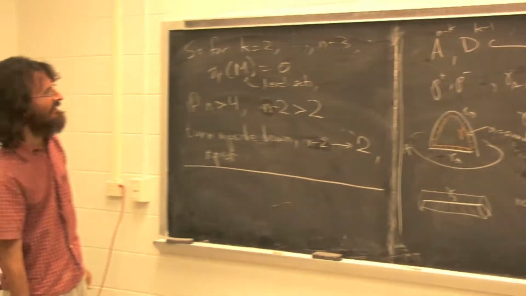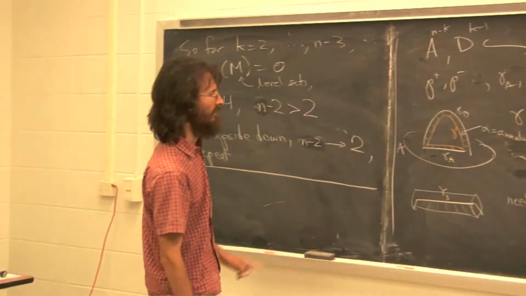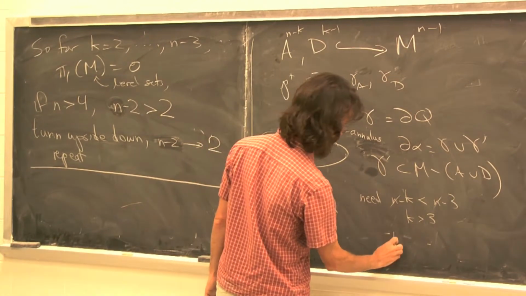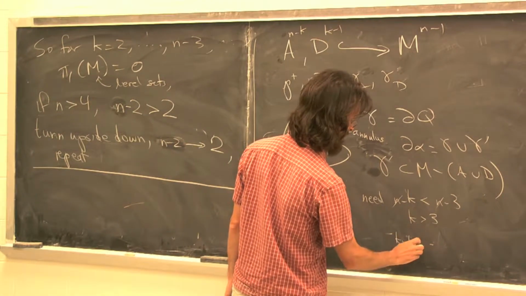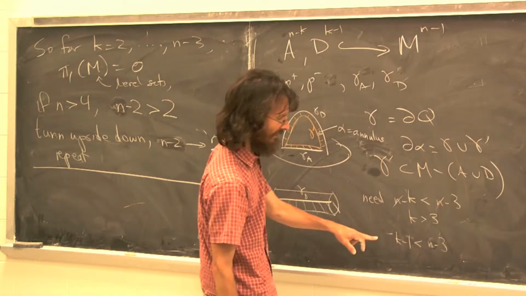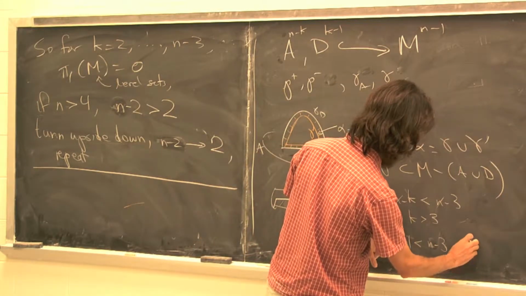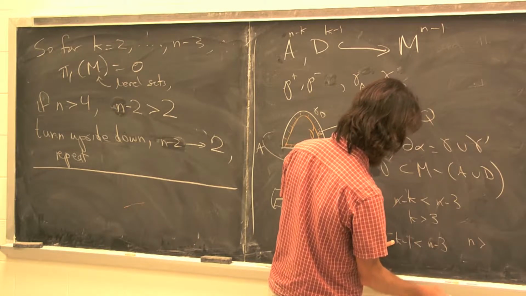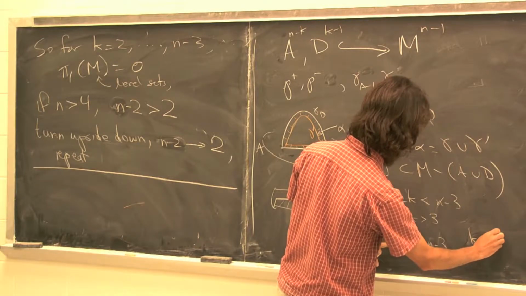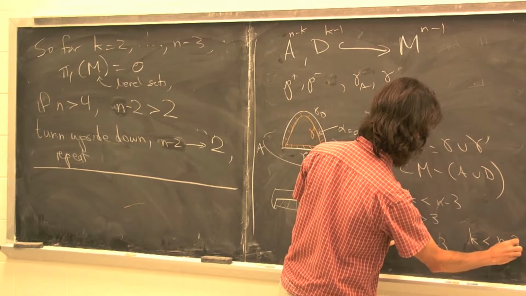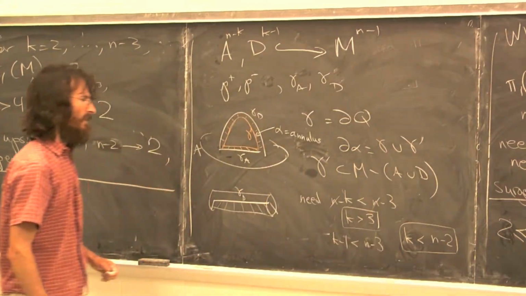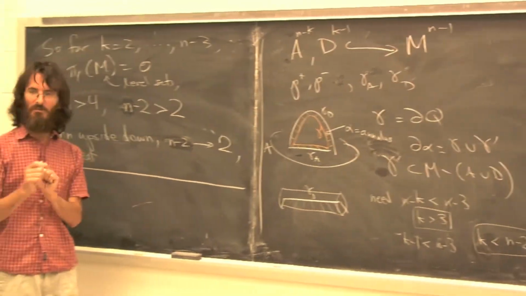Then we also want k minus 1 to be less than n minus 3, so that means we need k to be less than n minus 2. So again, in those middle ranges, we're fine.